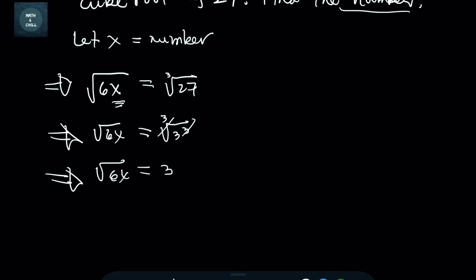Correct? What is being asked is to find the value of x. So therefore, we have to remove this radical symbol. So how do we remove that one? Since this is square root, we have to raise this to 2. And we also do the same in the other side. So this is equal to 3 raised to 2. Therefore, this gets cancelled.